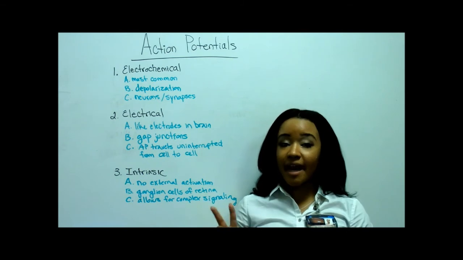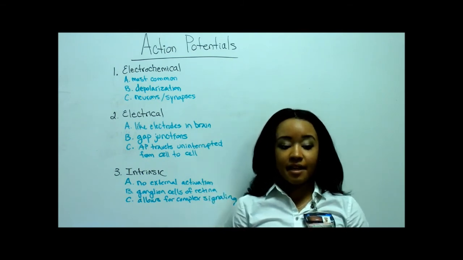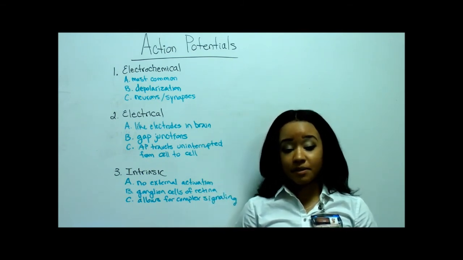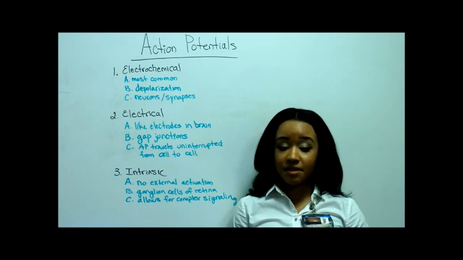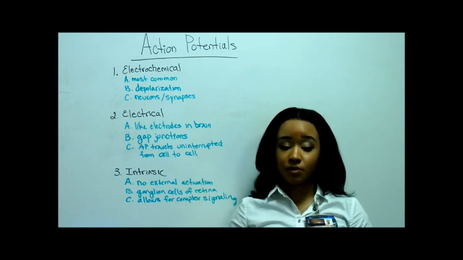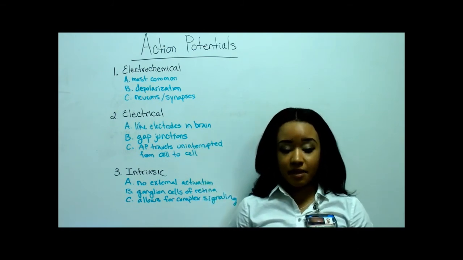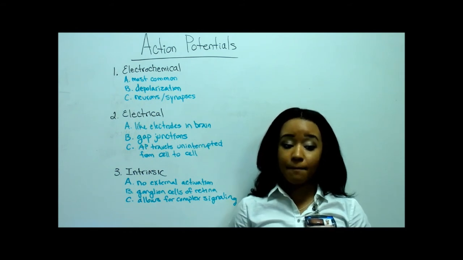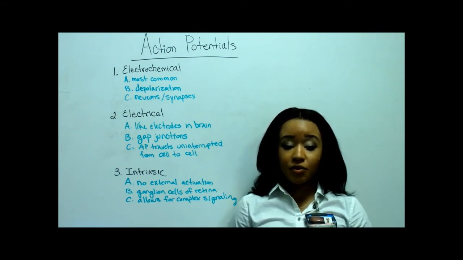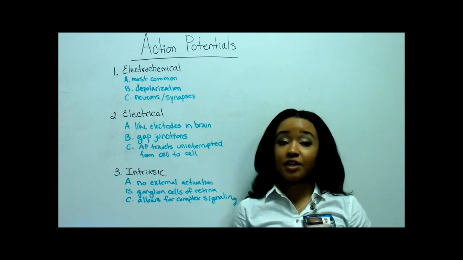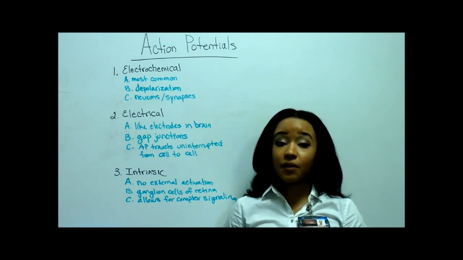Rather than causing an action potential per se, the electrochemical activity of presynaptic cells causes the intrinsic activity of the neuron to speed up or slow down. This type of signaling allows neurons to transmit complex signals encoded by the rate or pattern of firing rather than an all-or-nothing firing of a single action potential.